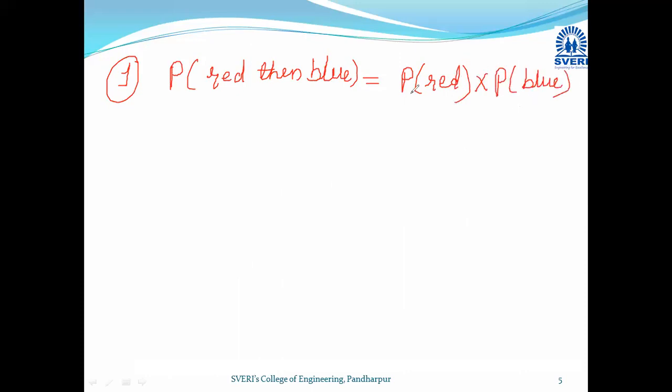Suppose we consider red as event A and blue as event B. So P of A into P of B. Which theorem, which property are we using here? If A and B are mutually exhaustive events, then the probability is equal to P of A into P of B.